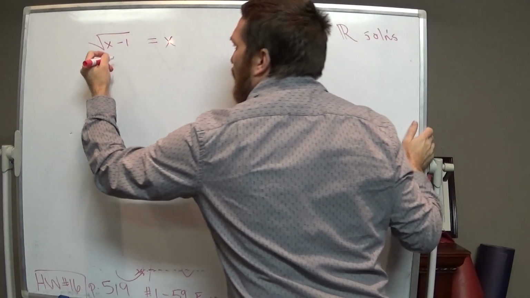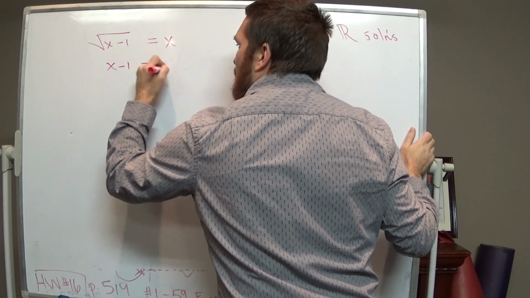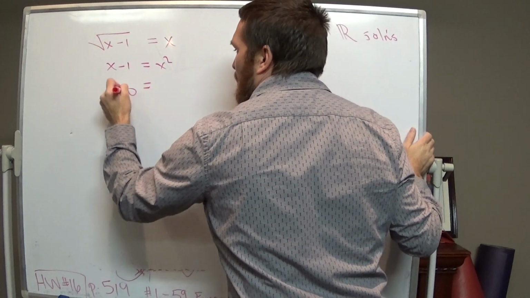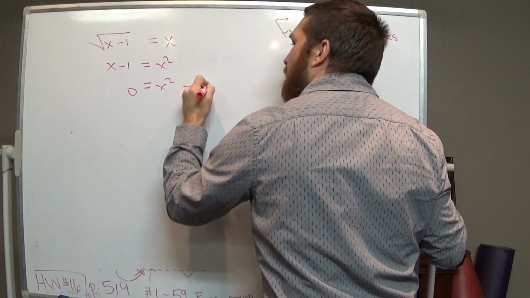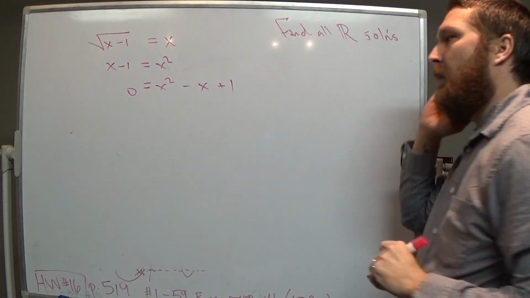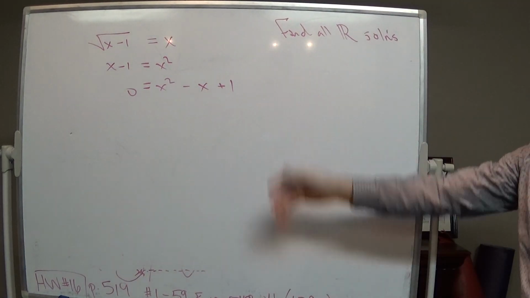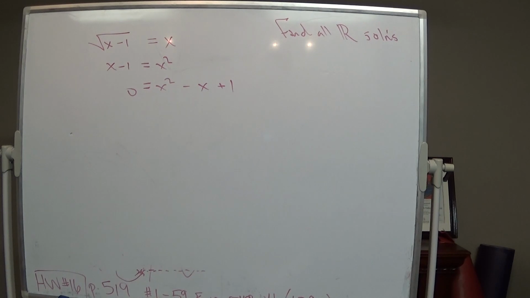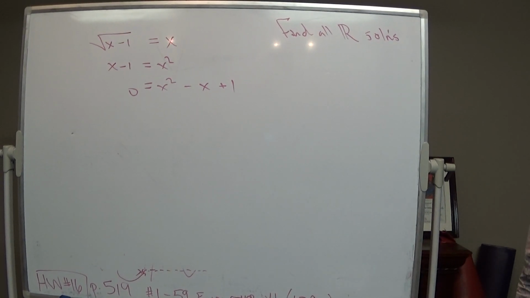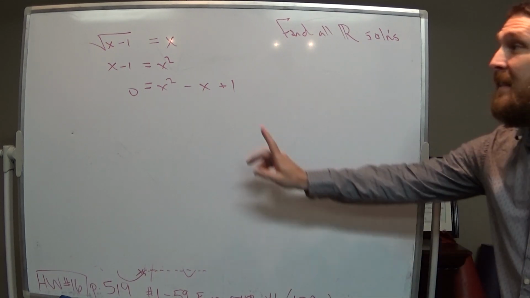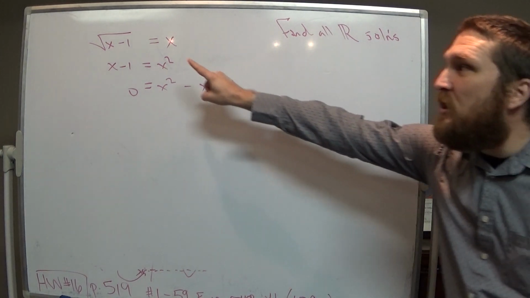Because then you say, okay, well, if I square both sides, I get this. Okay, and now I could solve and do this and do that. And I should be good to go. I could use a quadratic formula, because I don't think that factors in the integers or rationals, right? So I'm going to use quadratic formula and find it. But then at the end, I'm going to have to check.